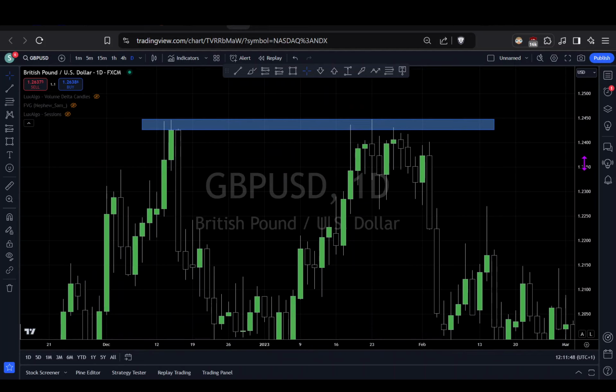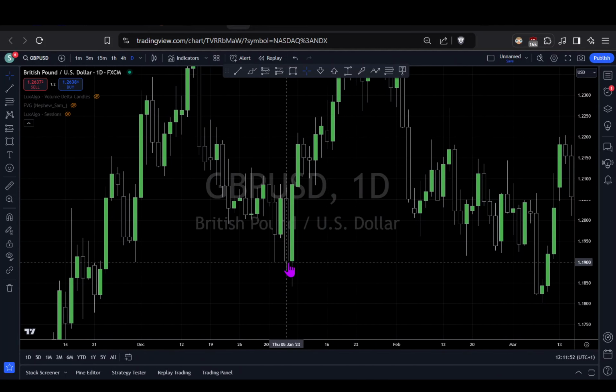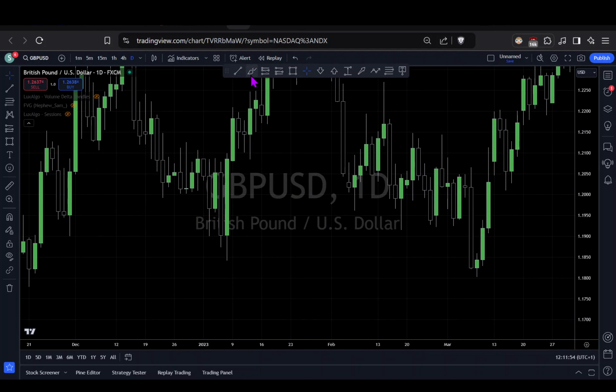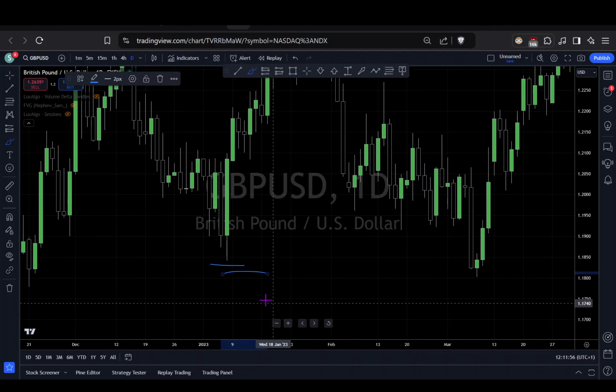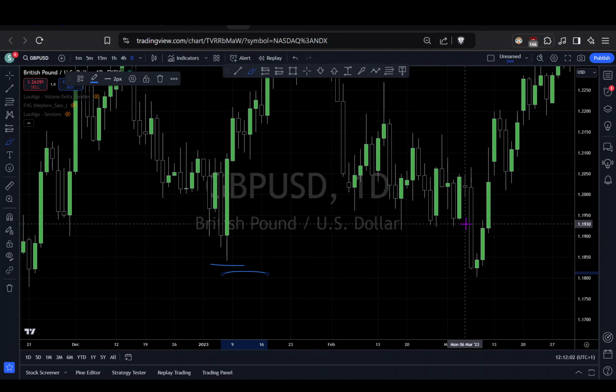Okay, so if this is a double top, then that means this should be strong, right? This should be strong. Okay, in this case it's closed below, and this means we change direction, although here we have an intra formation change.